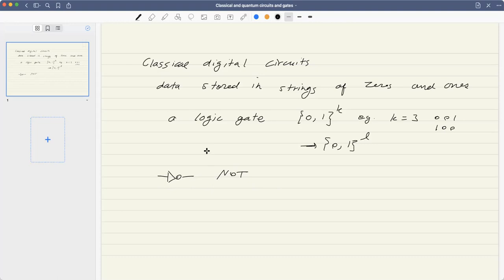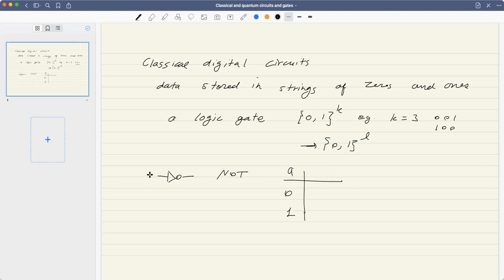One way to represent these gates is through something called the truth table. Essentially, we have to specify the output for all the possible 2 to the k bit strings of input. So if k is 1, if I just have 1 bit, I have 2 possibilities. So a can be 0 or 1.